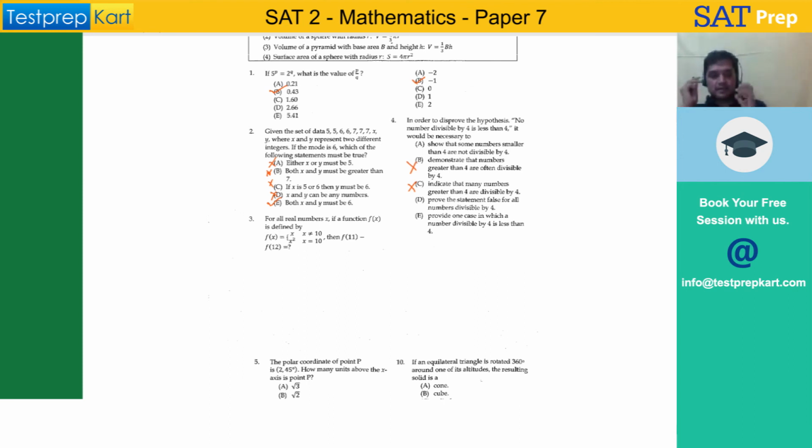Prove the statement false for all numbers divisible by 4? No, this is also not correct. Provide one case in which a number divisible by 4 is less than 4.